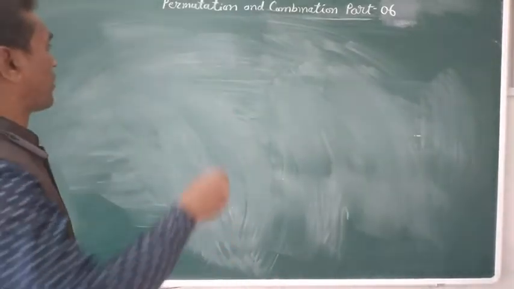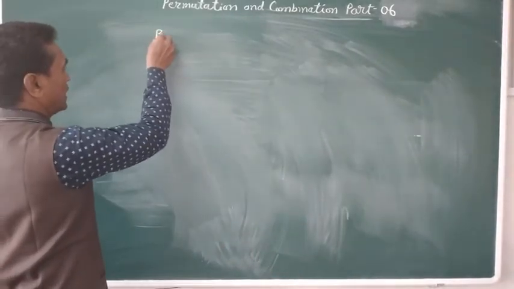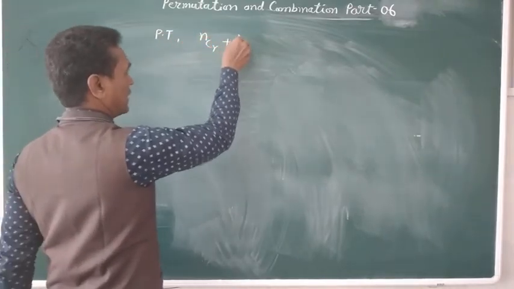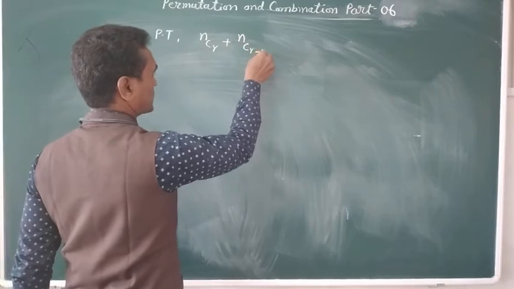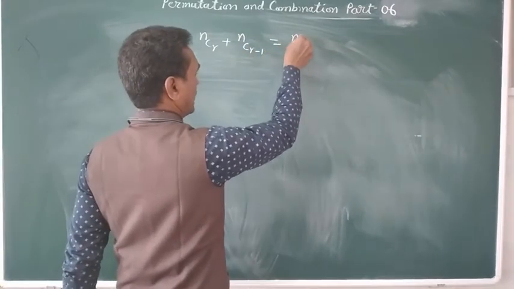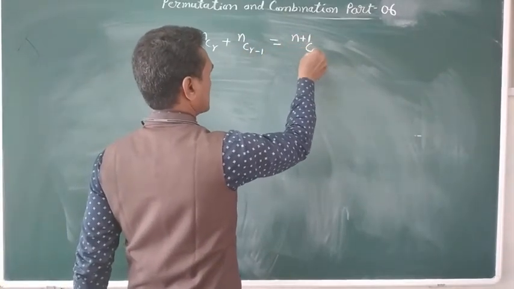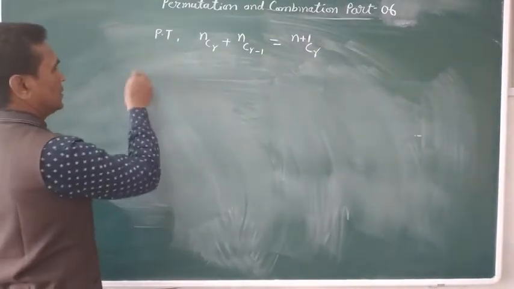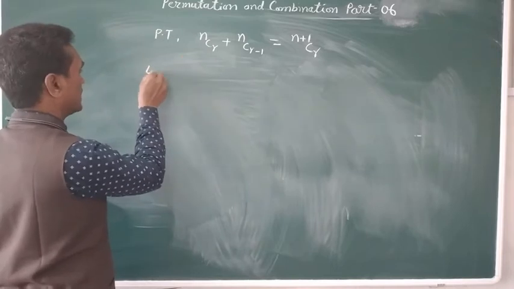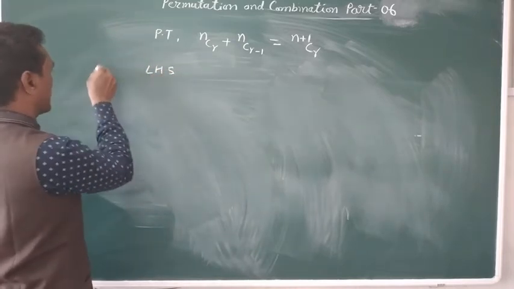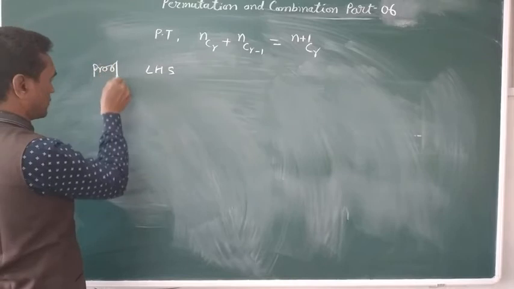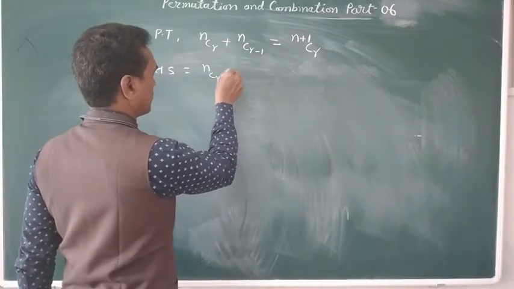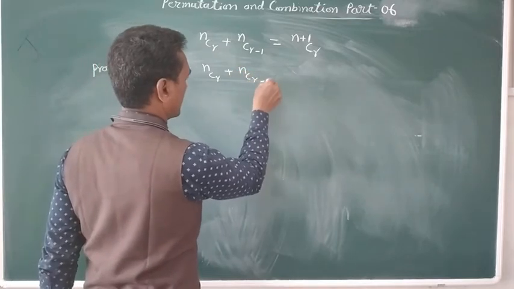Now one more important formula. Prove that nCr plus nC(r minus 1) is equal to (n plus 1)Cr. How will we prove this? From the left hand side, it is nCr plus nC(r minus 1).